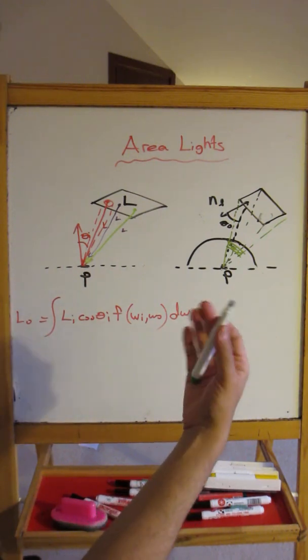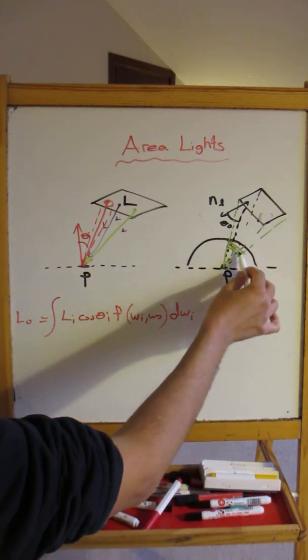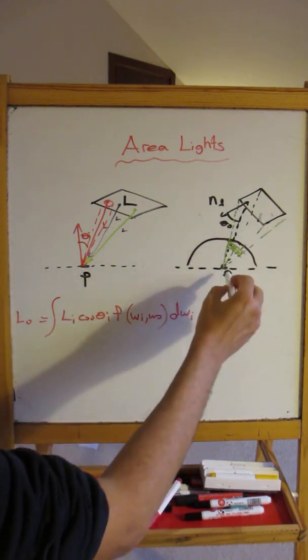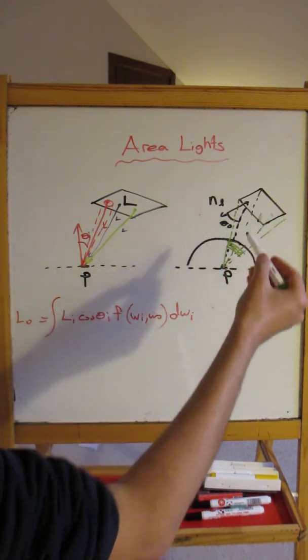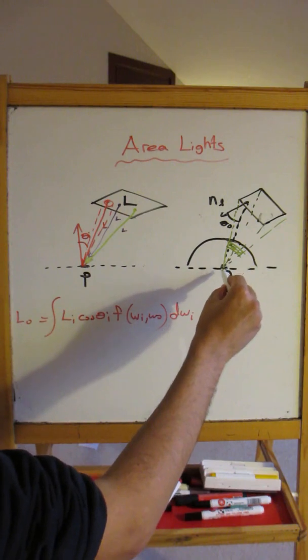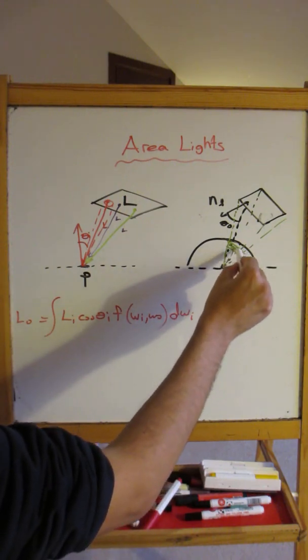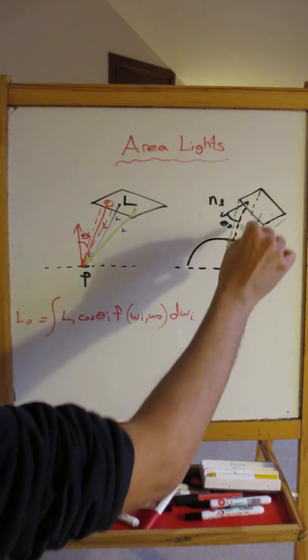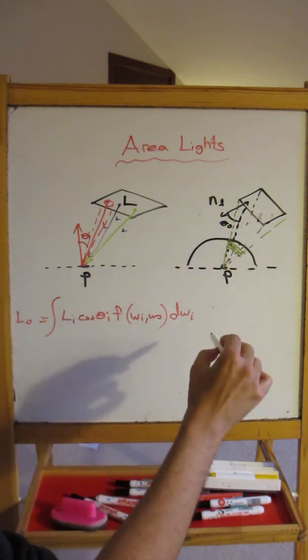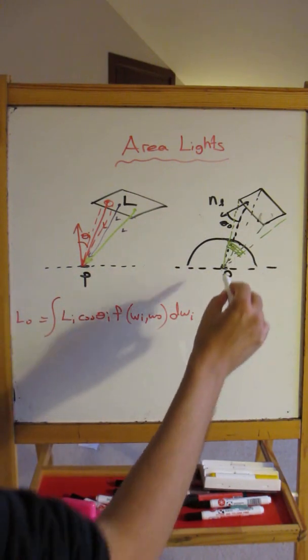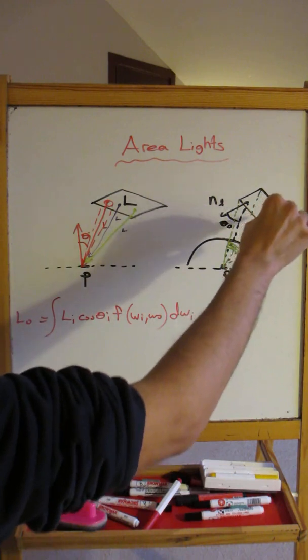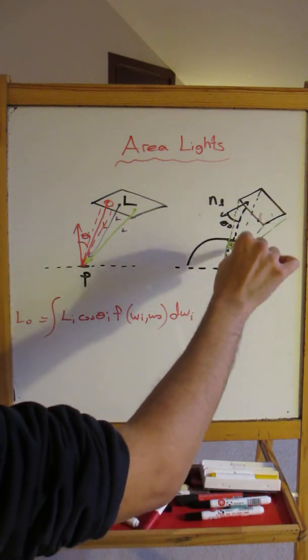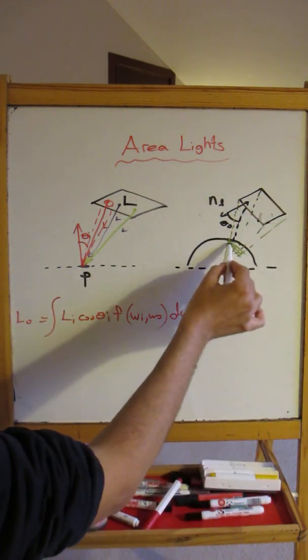Now you can imagine that this light can only send illumination to point P from this area. So everything that falls into this solid angle. All the rays that reach the light here must pass through this solid angle, this area.